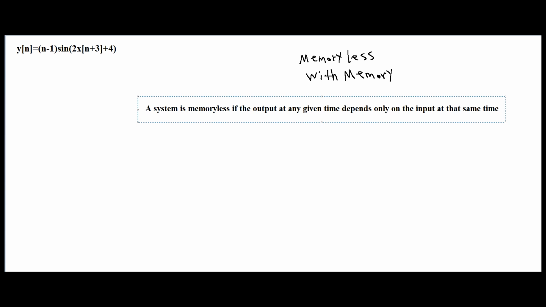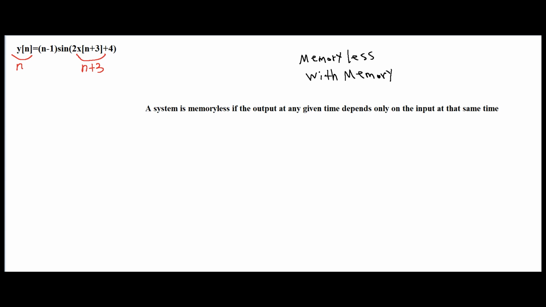If we look at the given system, the output is defined at time n, but the input appears at n plus 3. This means the output at time n depends on the input at a different time instant.